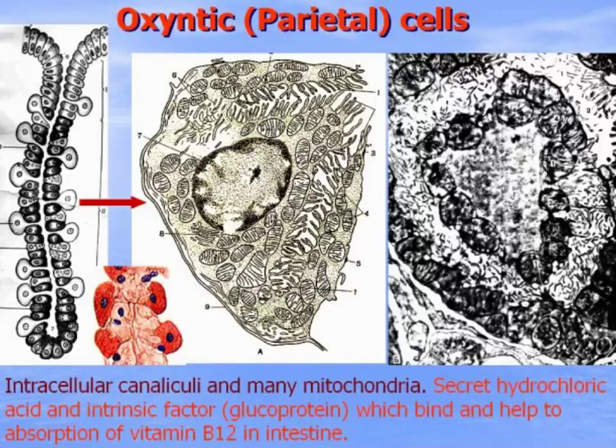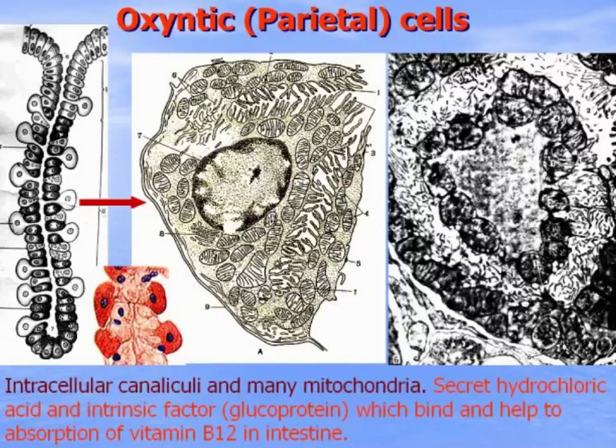In addition, parietal cells produce the intrinsic anti-anemic factor of Castle, a glycoprotein, which binds vitamin B12 for its absorption in the intestine, and vitamin B12 is necessary for production of erythrocytes in red bone marrow.